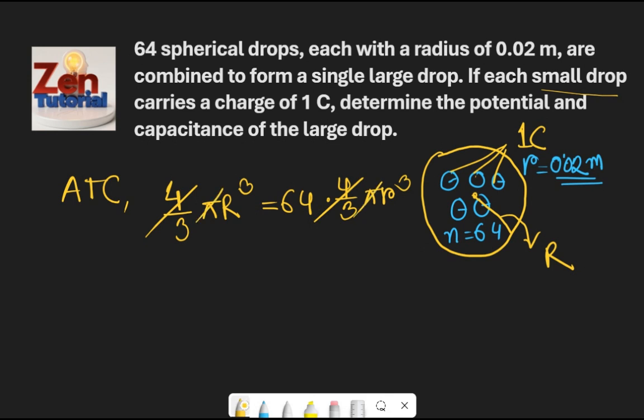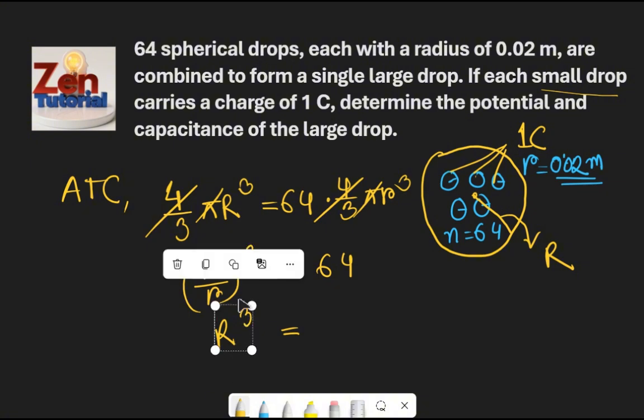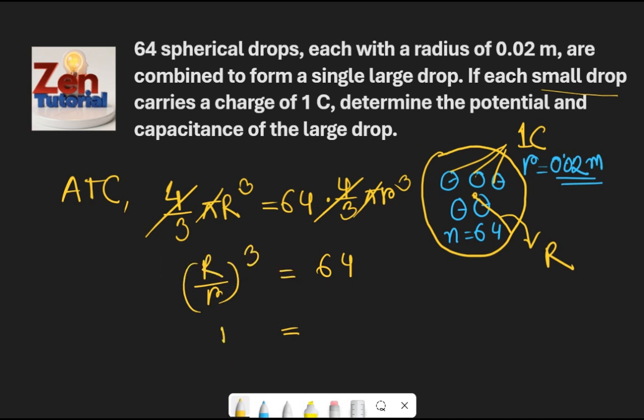Now we could write R over r whole cube is equal to 64. Now we know the value of r, so we can write down the final value. Let's say R is equal to 0.08 meter, as the value of smaller r is 0.02 meter.